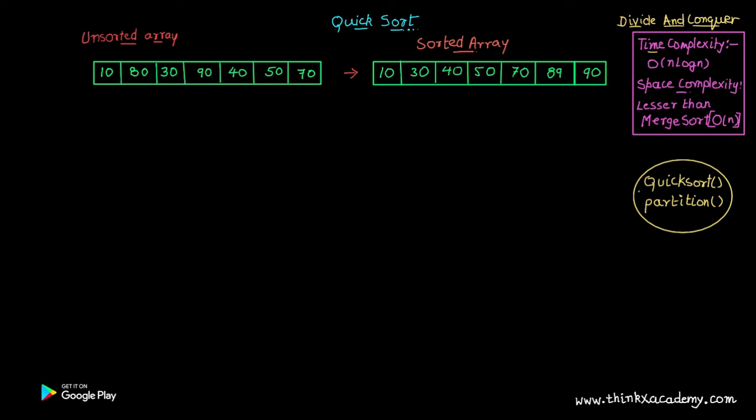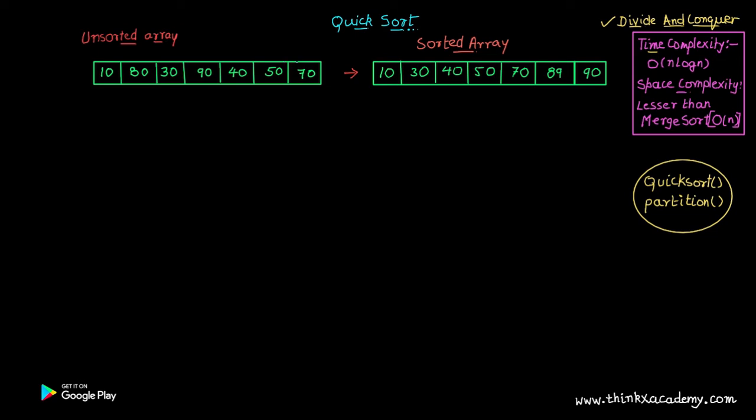We are going to follow the divide and conquer strategy in quicksort also, but we are not going to store the sub arrays during recursion.